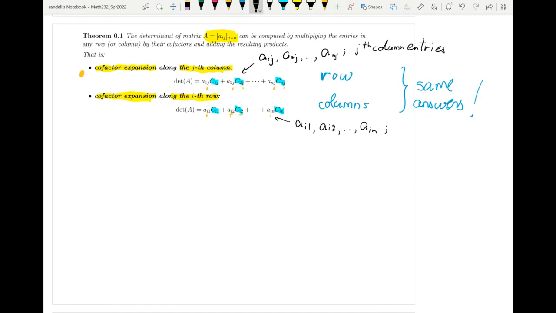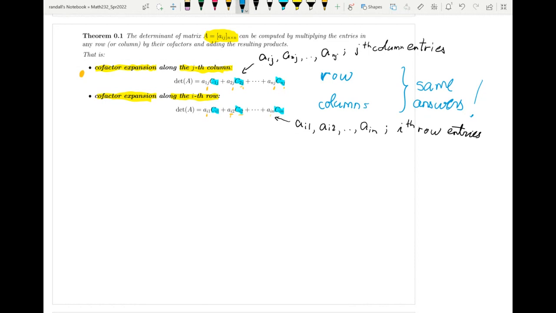And when I ask you what those entries are, you recognize them to be the ith row entries in A. Hence the name expansion across the ith row, because it only takes into account the entries of A in the ith row, whereas the previous one, cofactor expansion along the jth column, only uses the entries from A in the jth column.